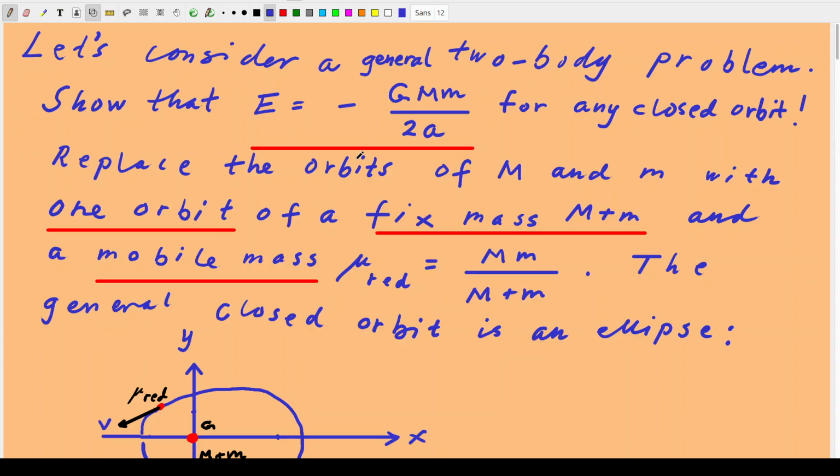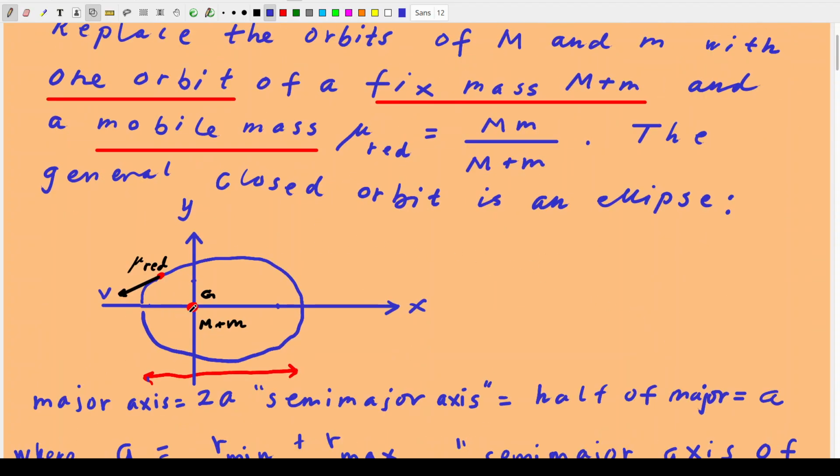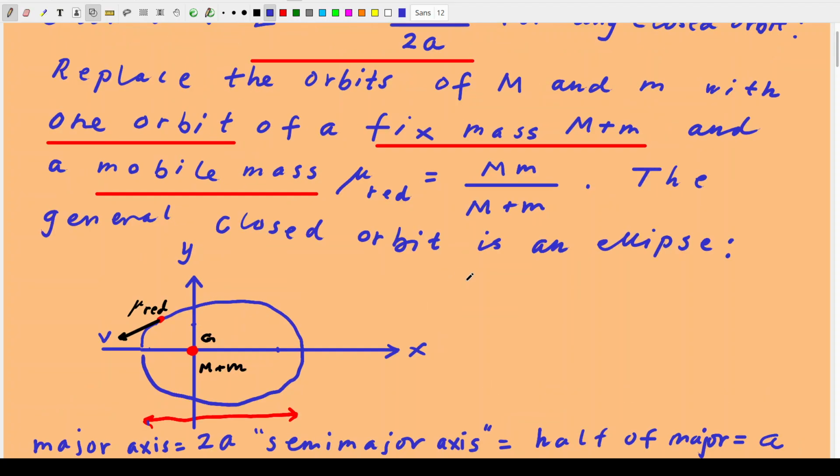This we can do if we introduce one fixed mass, the sum of the masses, which we place in the origin, M plus m, and this is fixed. And then we introduce another mass, the reduced mass, μ, with the red sign here, reduced. And this is the one that is moving around in an elliptic orbit.